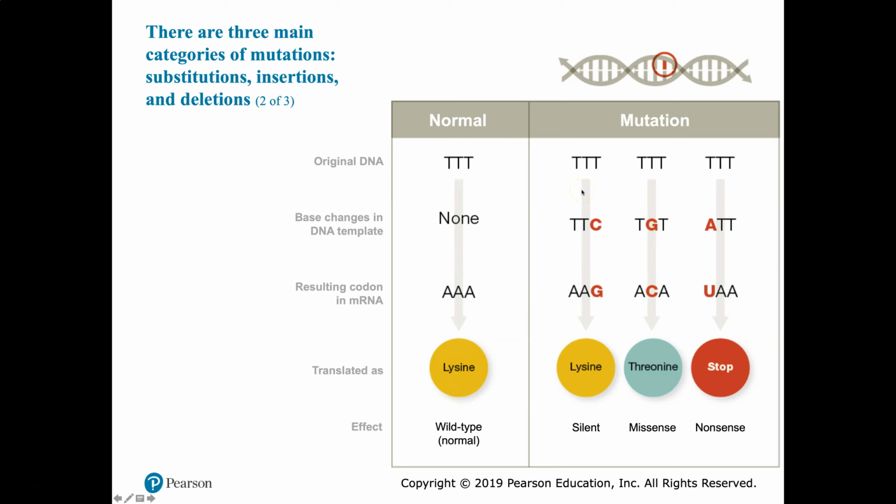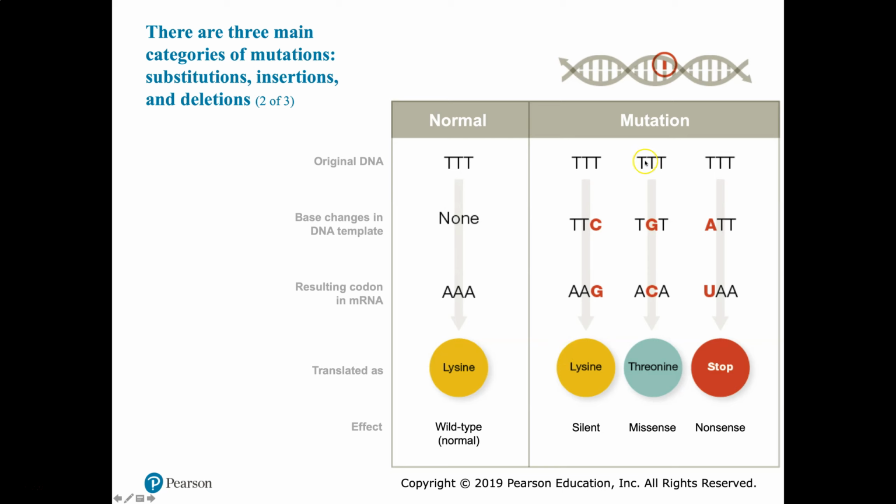Then notice the change from TTT to TTC, and then the codon changes as well to AAG, but it still codes for lysine, which means it's a silent mutation.